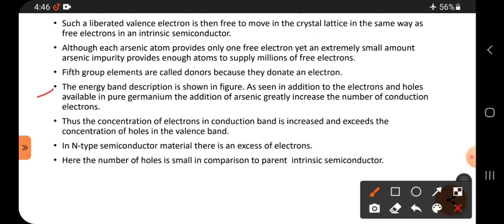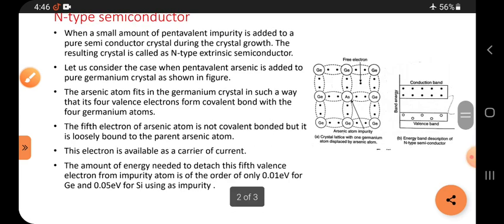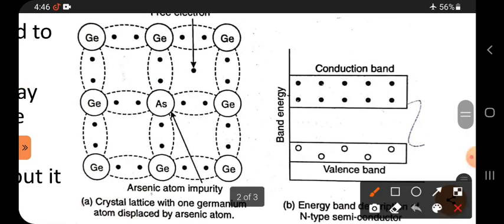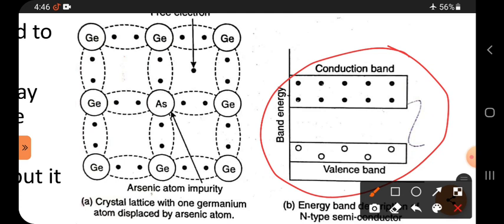The energy band description is shown in the figure. Energy band description is also given, so I will show you. See here, this is the energy band. In the energy band description, this is the valency band and this is the conduction band. In the conduction band only electrons are present. In the valency band, what is present?